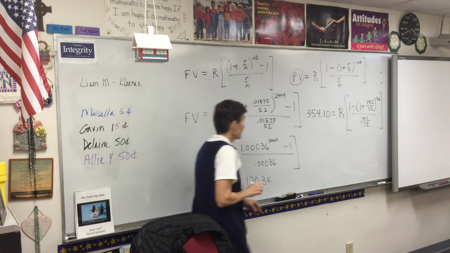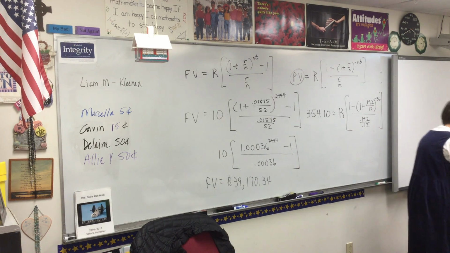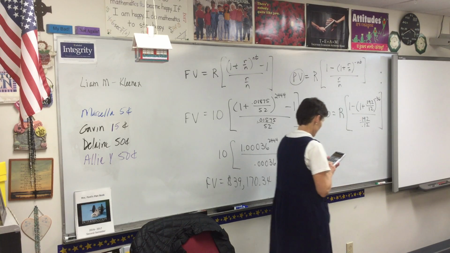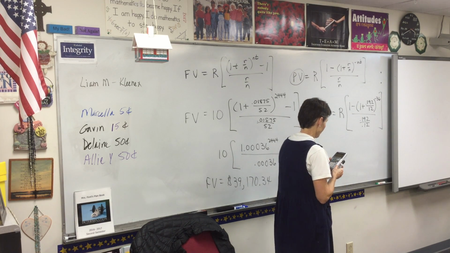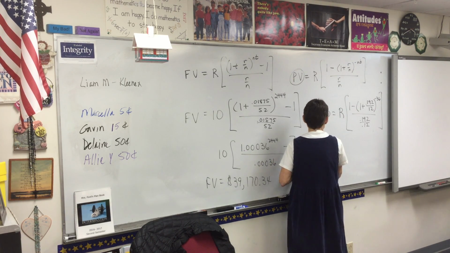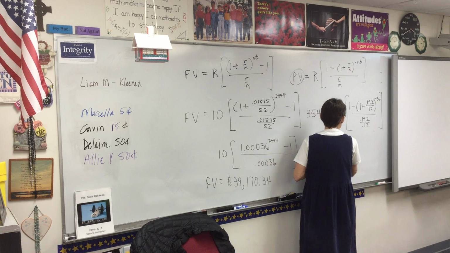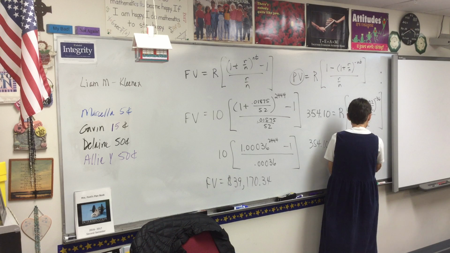Alright, so now we're going to type it in. I'm going to clean those things up. I think I rigged these so they come out a little bit better. Okay, so 354.10 equals R times 1 minus, this is 1.016 to the negative 36.